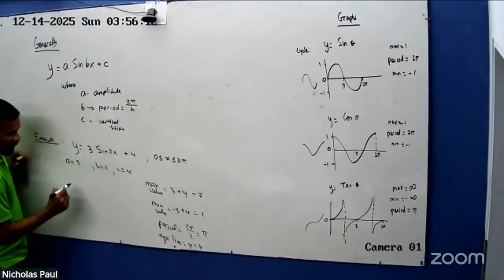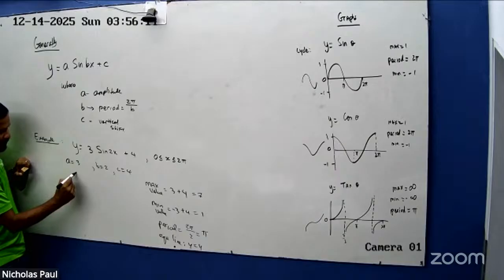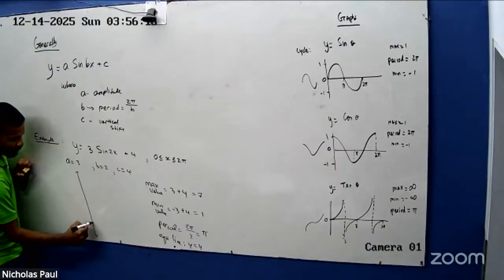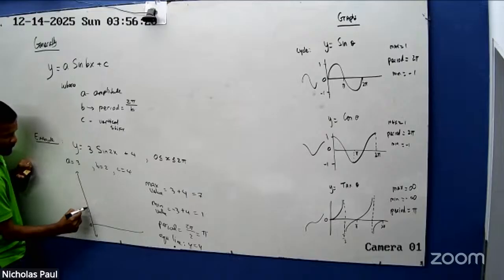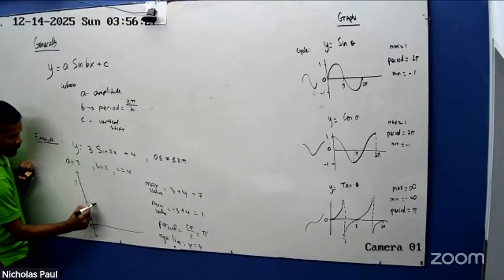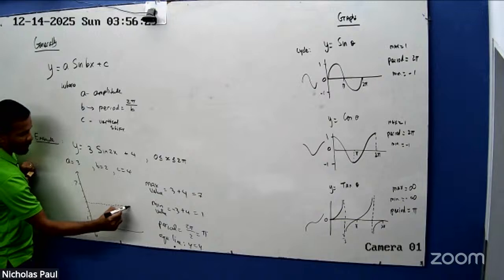So your graph now, you can easily sketch a graph. That's 0. 1, 2, 3, 4, 5, 6, 7. 1, 2, 3, 4. That's the equilibrium line. Right?